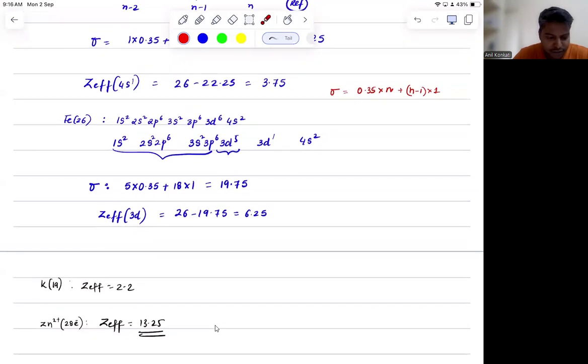Once again, I'm mapping up with the electrons here. Is the calculation correct or not? I'm just checking once.